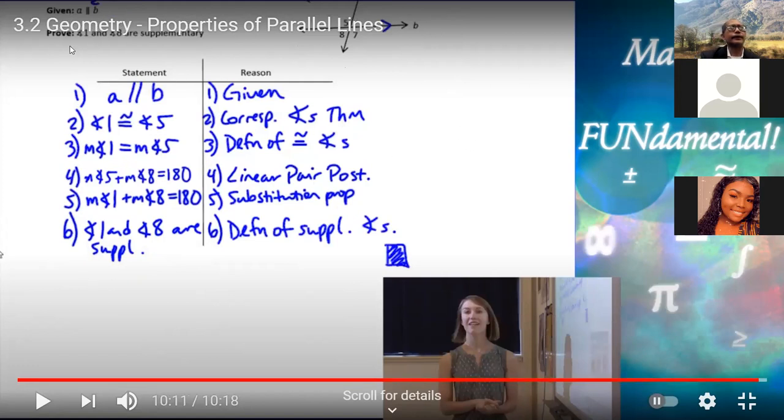So just to prove that supplementary, right? Because if you add this to 180 degrees, the conclusion will be angle 1 and angle 8 are supplementary. Yeah, so this is lesson 1, okay.